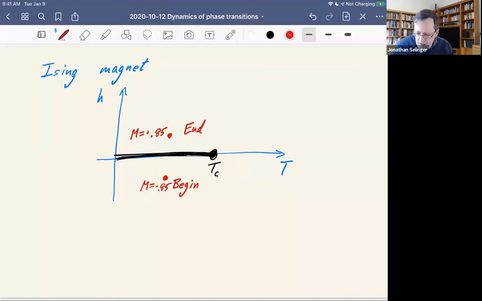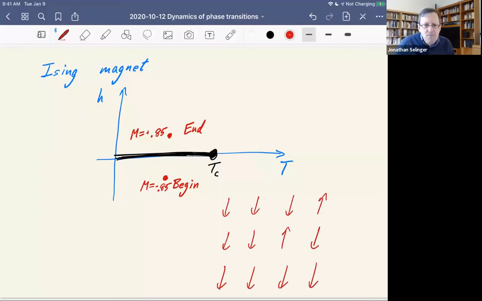So in the initial state, we know what the material looks like, right? We know that the spins are mostly pointing down. So in this beginning state, the spins are mostly down, but there's a few up. Something like that, okay?